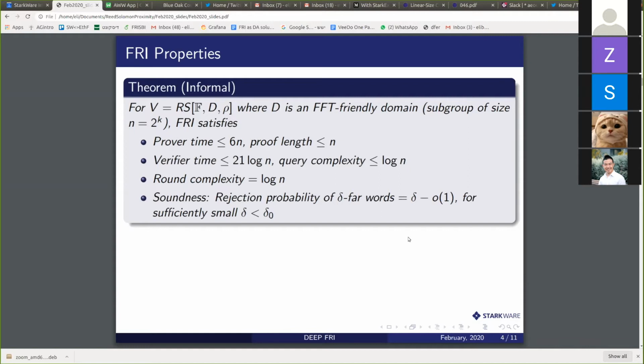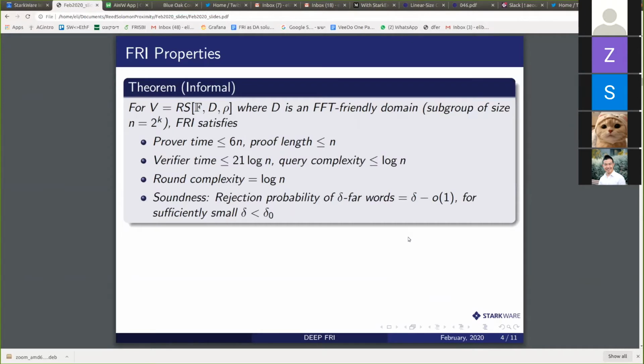So notice there's no O notation so far. The number of rounds of interaction is log n, because it's going to look like FFT style, where you start with 2 to the k, you go down to a problem size 2 to the k minus 1, 2 to the k minus 2, and so on and so forth, till you have a constant size problem. And the rejection probability of words that are delta far will be delta, for sufficiently small delta.